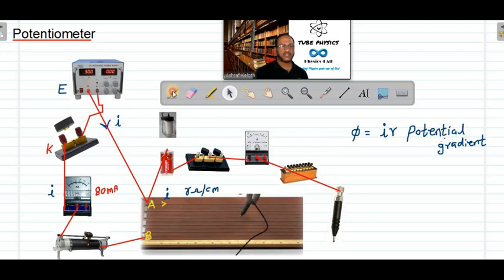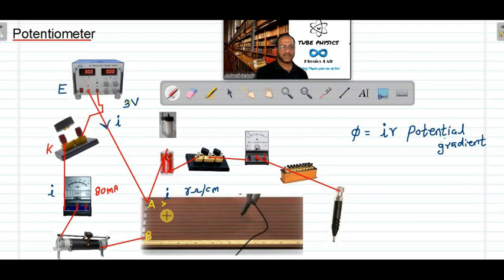Now, just as an example, suppose 3 volt is the voltage applied by the power supply. That 3 volt available between the two terminals of the power supply is dropped between A and B along the 10 meter length of the wire.